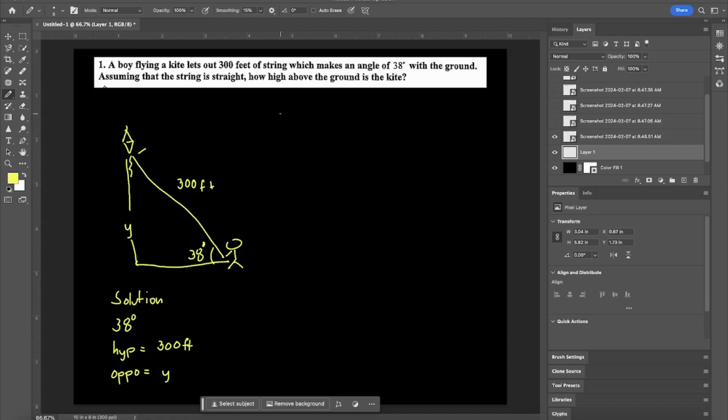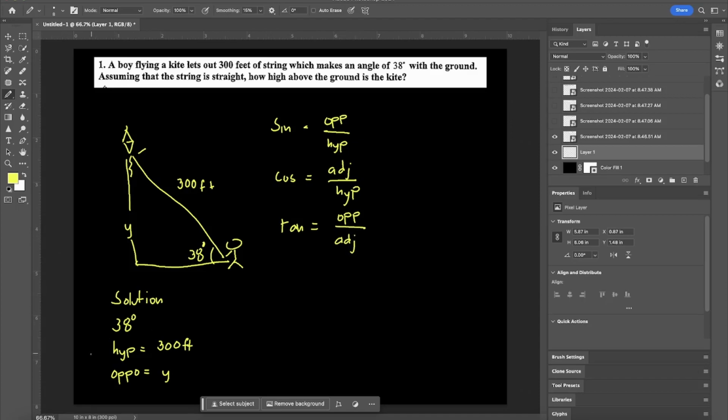Going back to our three trigonometric functions, we have our sine, which is equal to opposite over hypotenuse, your cosine, which is equal to adjacent over hypotenuse, and your tangent, which is equal to opposite over adjacent.